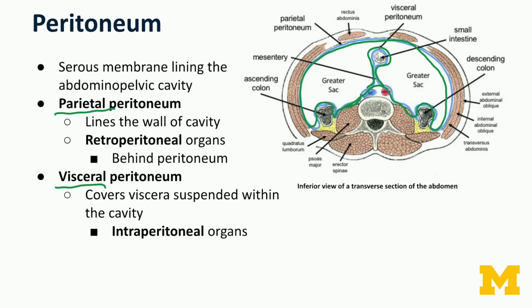This is also going to establish two types of organs. Those which are retroperitoneal, organs that exist behind the peritoneum, and those that are intraperitoneal, those that seem to be suspended within the peritoneal cavity.